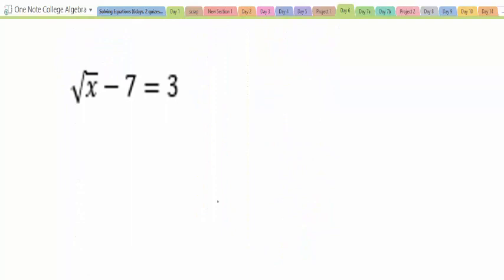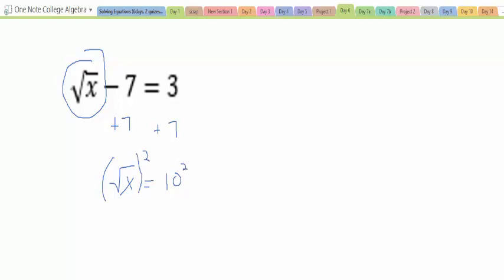Alright, let's try another one. This time the square root is only on the x. So I've got to get rid of everything that is not here before I can square both sides. So I'm going to add 7 to both sides first. And I get the square root of x equals 10. And opposite operation, I'm going to square both sides. And x is going to equal 100.